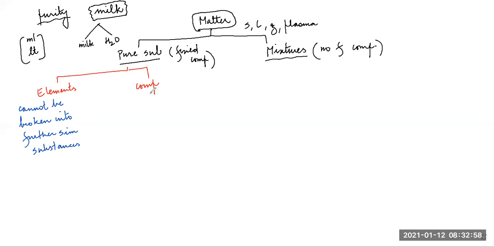But compounds can be broken into further simpler substances by some chemical method or by electrochemical reactions involving electricity.